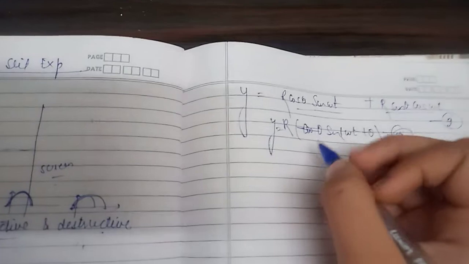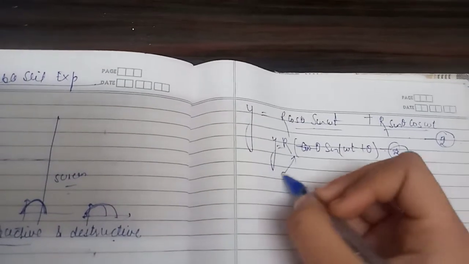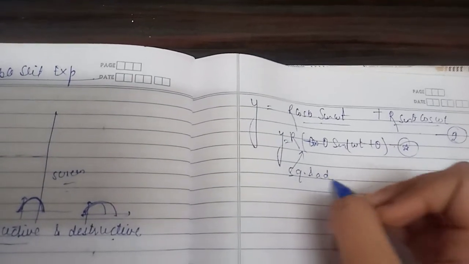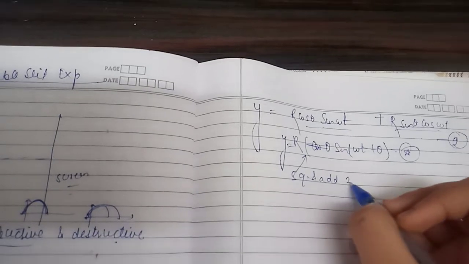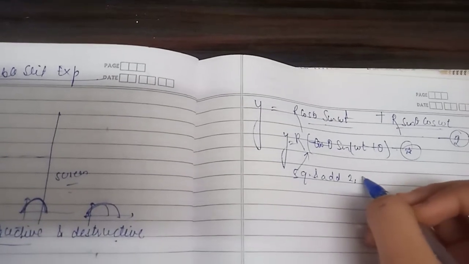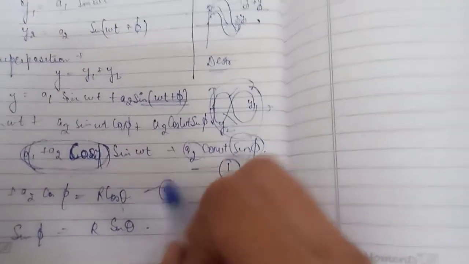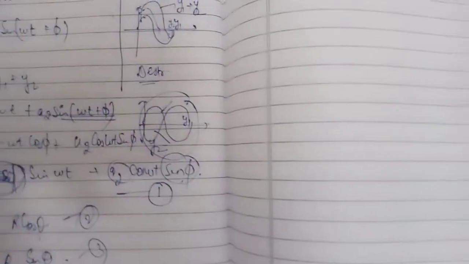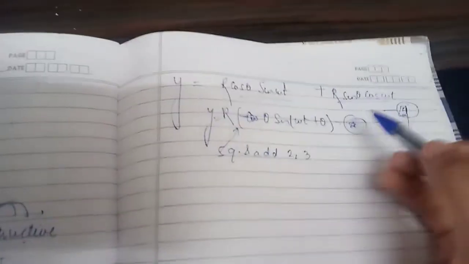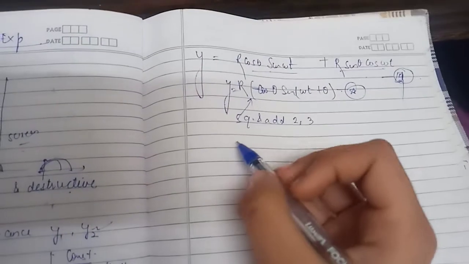Now we will square and add equations 2 and 3.